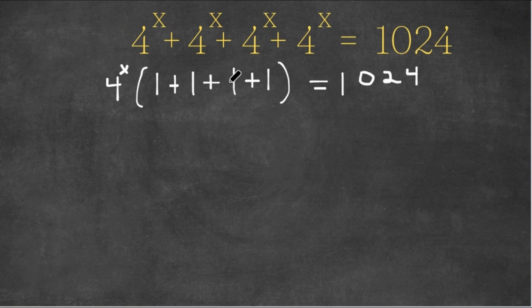Now 1 plus 1 plus 1 plus 1 is 4. And I'm still multiplying this with 4 to the power of x. And this equals 1024.